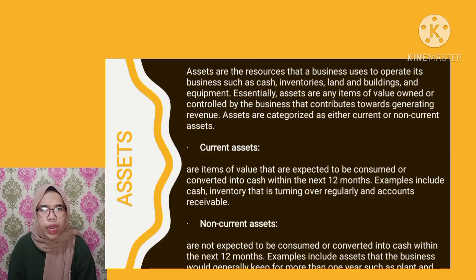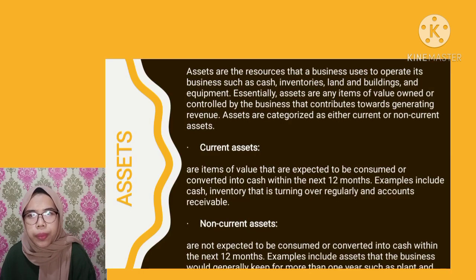Assets. Assets are the resources that a business uses to operate its business, such as cash, inventories, land and buildings, and equipment. Essentially, assets are any item of value owned or controlled by the business that contributes toward generating revenue.